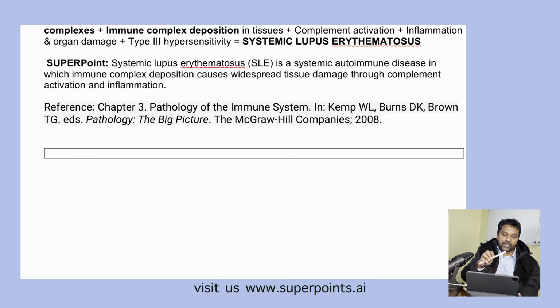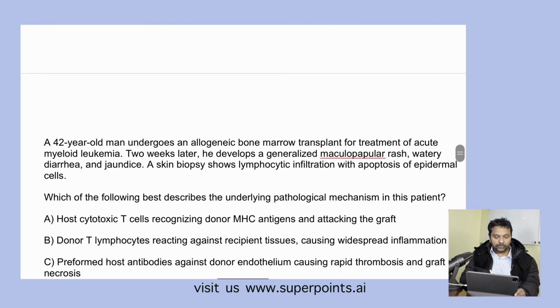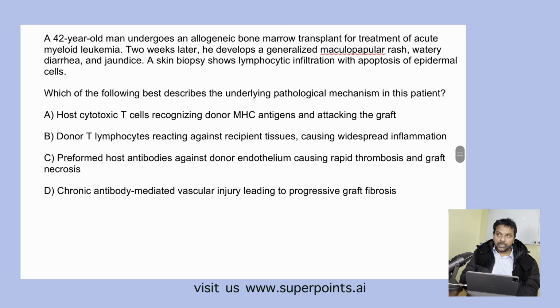So the super point here is that systemic lupus erythematosus is a systemic autoimmune disease in which immune complex deposition causes widespread tissue damage through complement activation and inflammation. All right, folks, that is a very, very important question.